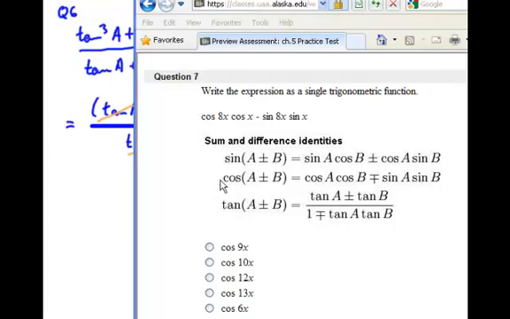So therefore it's the second one. I don't even need to write this down. This one here is 8x, this one is x, and the original formula says a minus, which then according to this identity formula turns into plus. So it's 8x plus x, cosine of 9x, and the first one is correct.